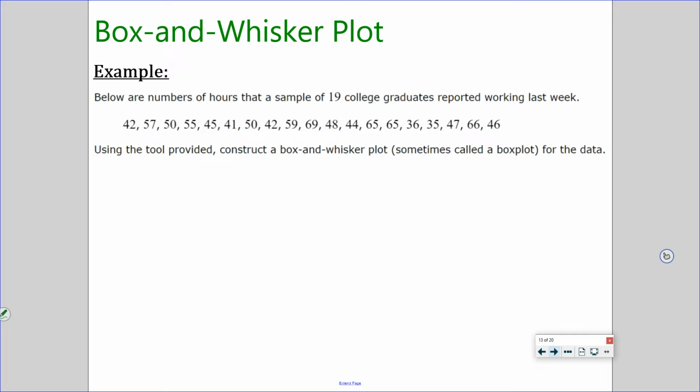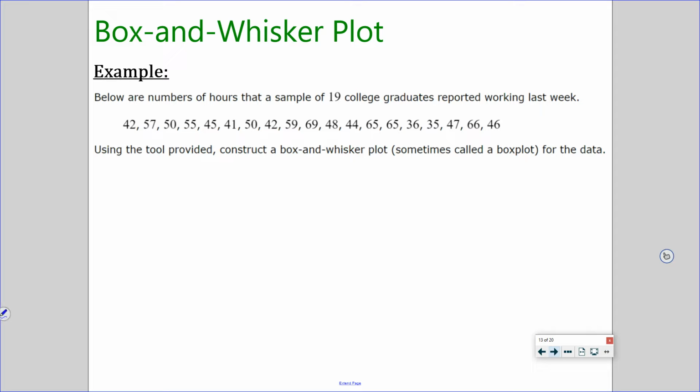Since this list is out of order, I do think it's helpful, especially when you're finding the median, to rewrite it in order, smallest to largest. So I'm going to do that quick. My lowest is 35.